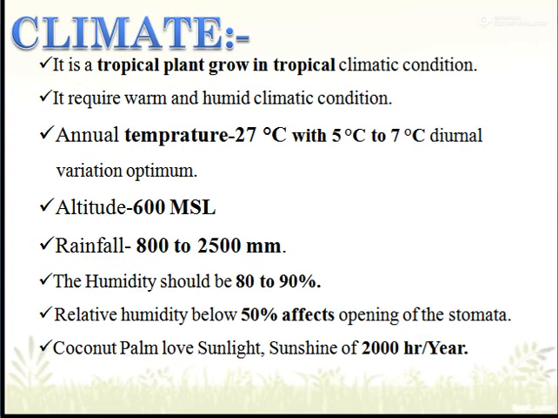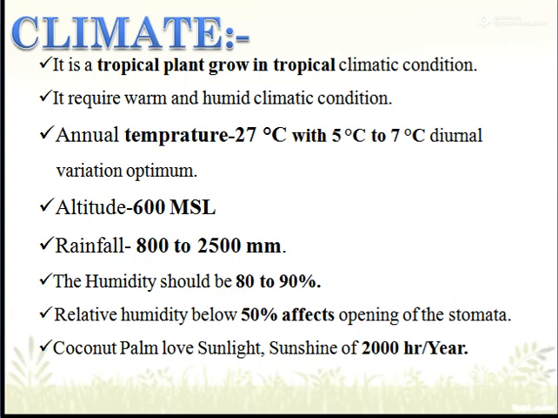Then the climatic requirement for coconut cultivation: it is a tropical plant growing in a tropical climate. It requires warm and humid climatic conditions. The annual temperature is about 27 degrees Celsius, with 5 to 7 degrees Celsius diurnal variation. The altitude is up to 600 meters above mean sea level.